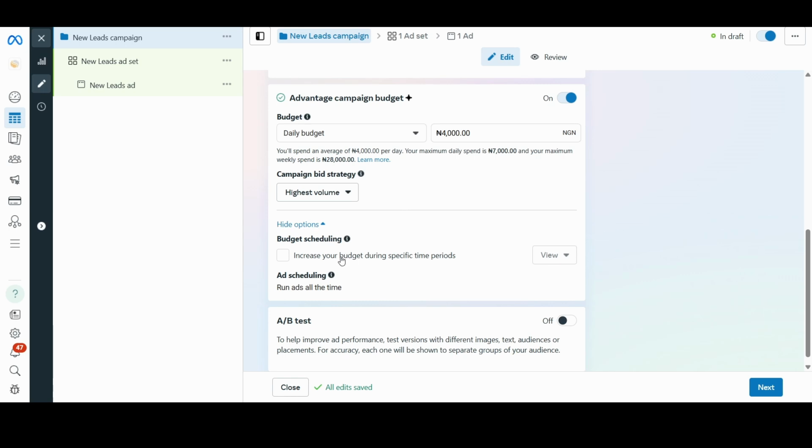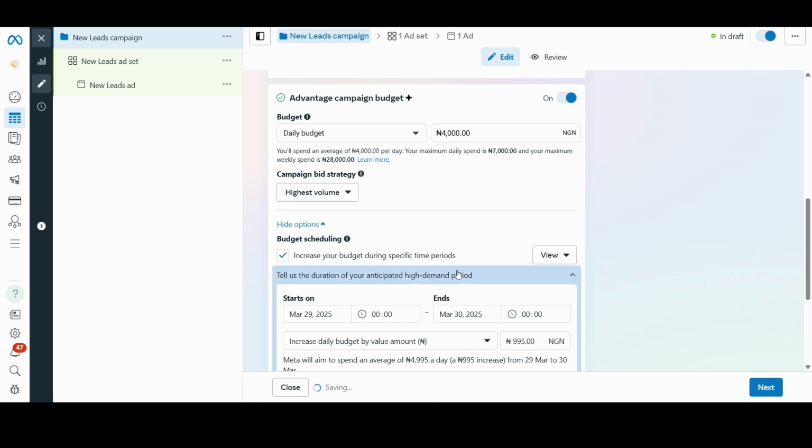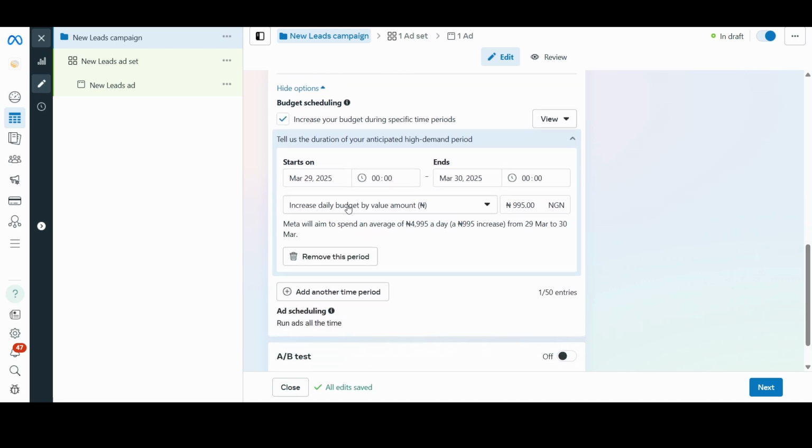And then budget scheduling. This is something else that you might decide to do, again, if you understand it. If you understand your target audience, when they're online, when they're most likely to buy, when there are fewer sales, you can set all of that up here. You can decide, okay, at the end of the month a lot of people do purchase. So you can say, increase my daily budget by 3,000 naira.